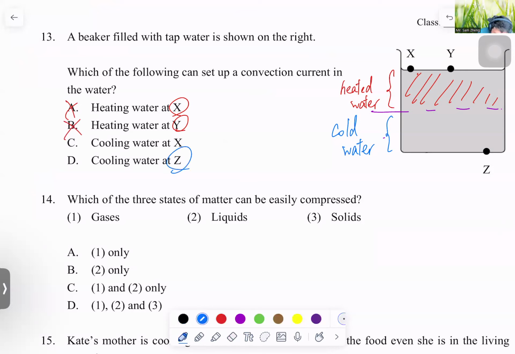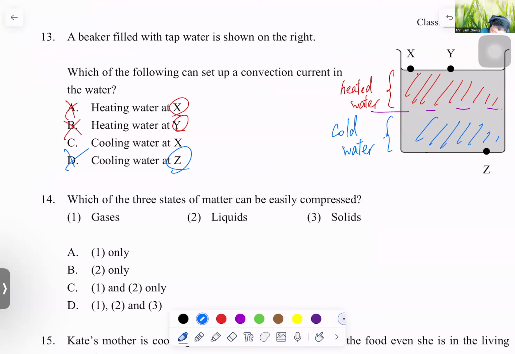If we cool the water at set, the cold water will remain in the lower part and would not rise up, so it also will not generate a convection current. So again, D would not be a good answer.